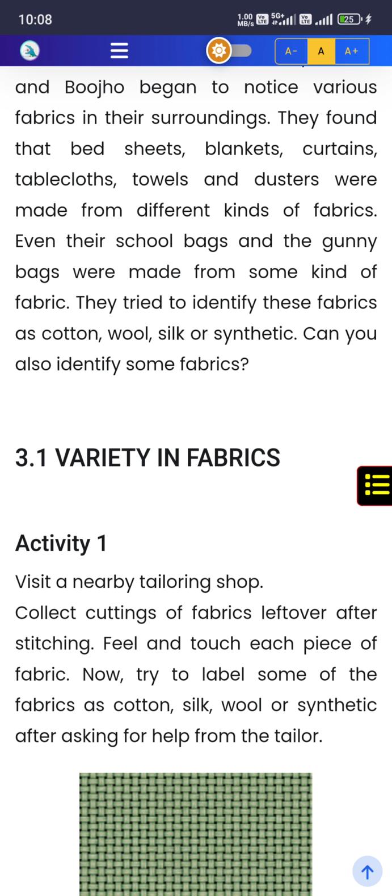This is the purpose of this chapter. It helps you identify fabrics, become a responsible fabric picker, and know in which season which fabric will help you live comfortably.